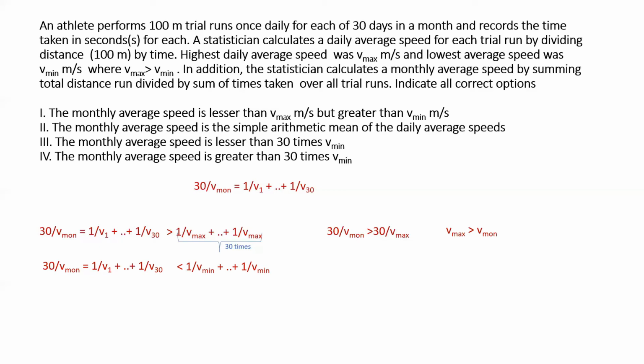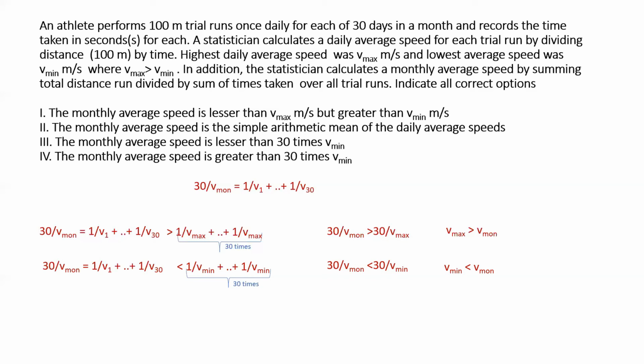So the sum of the reciprocal should be less than that value, right? And it's kind of the same logic as Vmax, but just applied in the reverse way. And this is basically 30 times Vmean, and we can arrive at a similar inequality here, which leads us to Vmean should be less than Vmon. So the monthly average should be greater than Vmean.